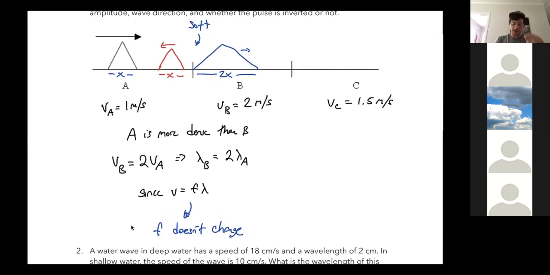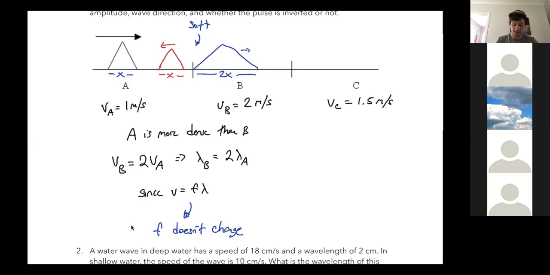We can say, since this speed is decreasing, that C is more dense than B, okay? C is more dense than B, which means this is going to act like a hard boundary right there, okay? And if it's acting like a hard boundary, our reflected wave, we could do that first if we wanted, our reflected wave is gonna be upside down.